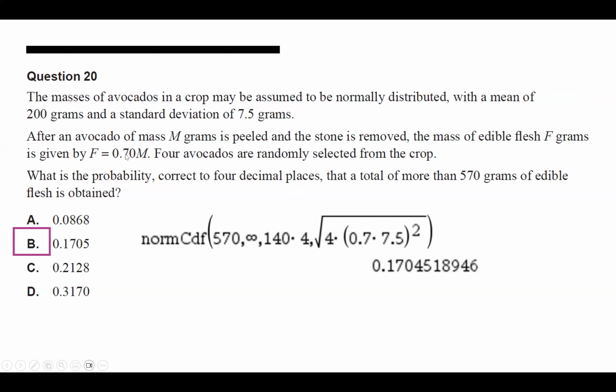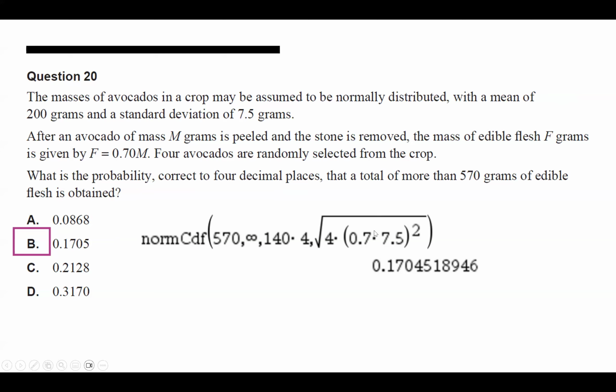So when you calculate the variance of one edible avocado, you need to use 7.5, the original standard deviation, squared, times 0.7 squared. Or you can just directly dilate the standard deviation, writing 0.7 times 7.5. That is the dilated standard deviation for the random variable F.